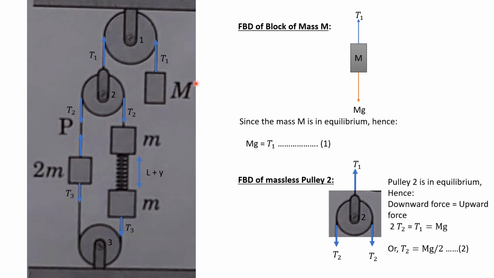Due to this capital mass, gravitational force acting on it will cause the tension in this thread. So that tension force we have taken as T1. Since it is a massless thread, tension at all the points in the thread will be same. So T1 here, so T1 will be here as well.